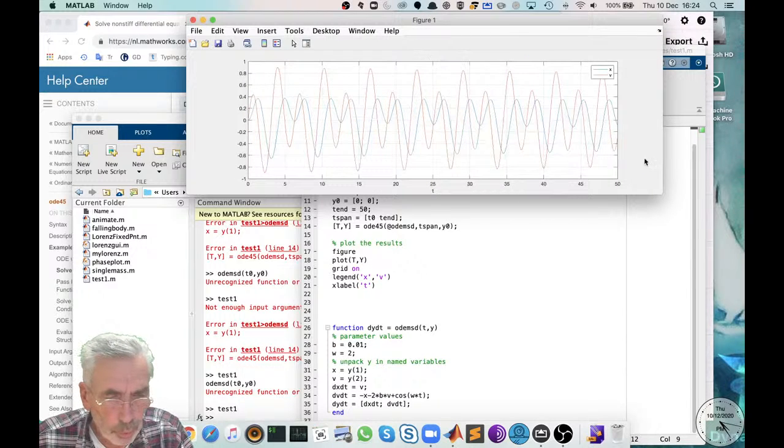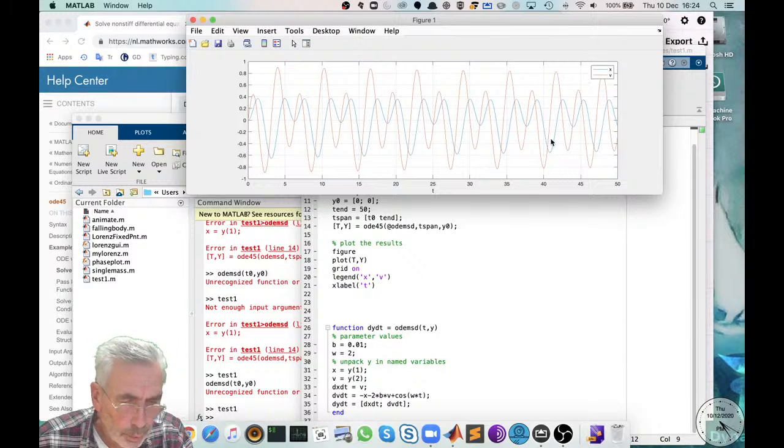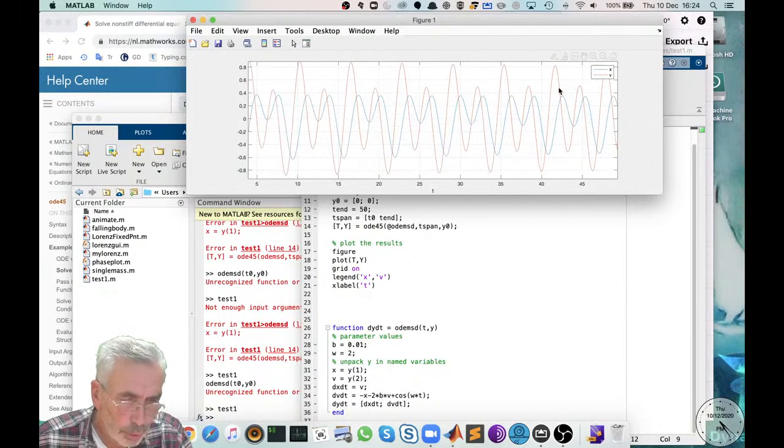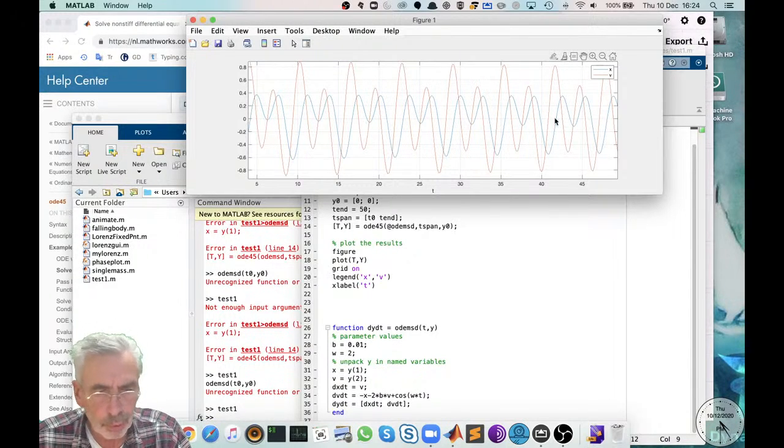And you can check, of course, that the velocity should be the derivative of x. So if the position is horizontal, then the speed should be 0, and of course that all complies. In the beginning it's a bit different, maybe, and that has to do with some transient behavior.